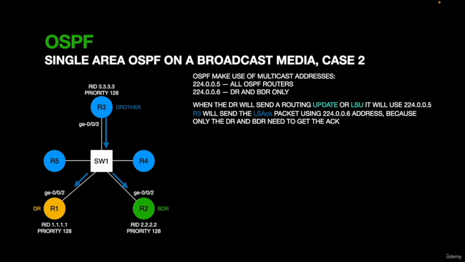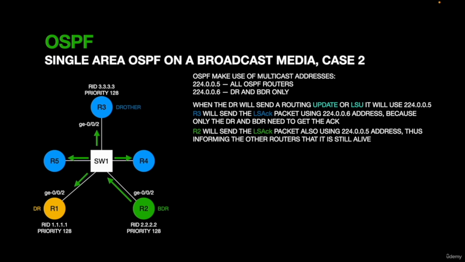Now R3 will send the link state acknowledgement packet using the 224.0.0.6 address, because the designated router and the backup designated router need to get the acknowledgement. Now R2 will send the link state acknowledgement packet also using the 224.0.0.5 address, thus informing the other routers that it is still alive.